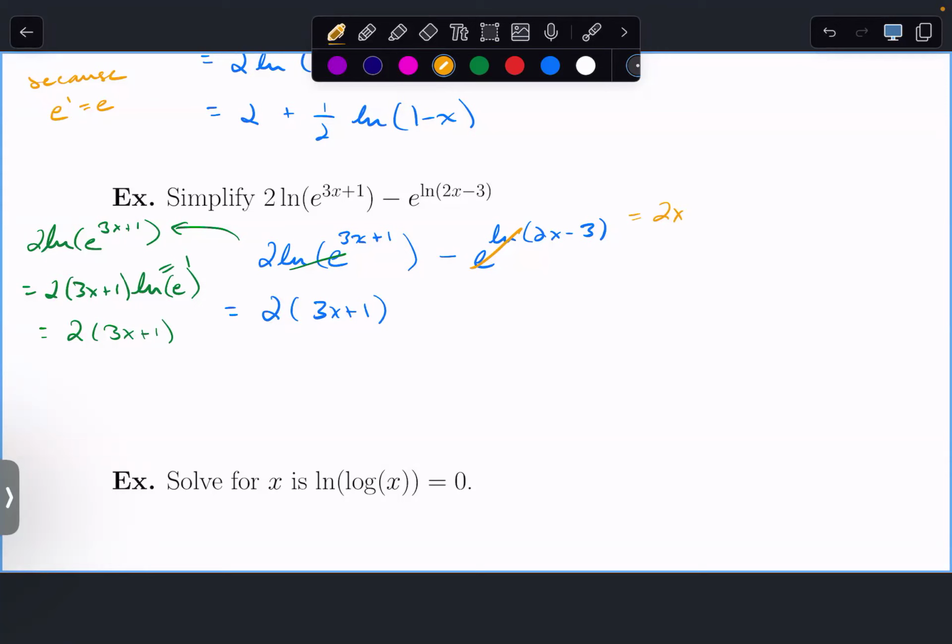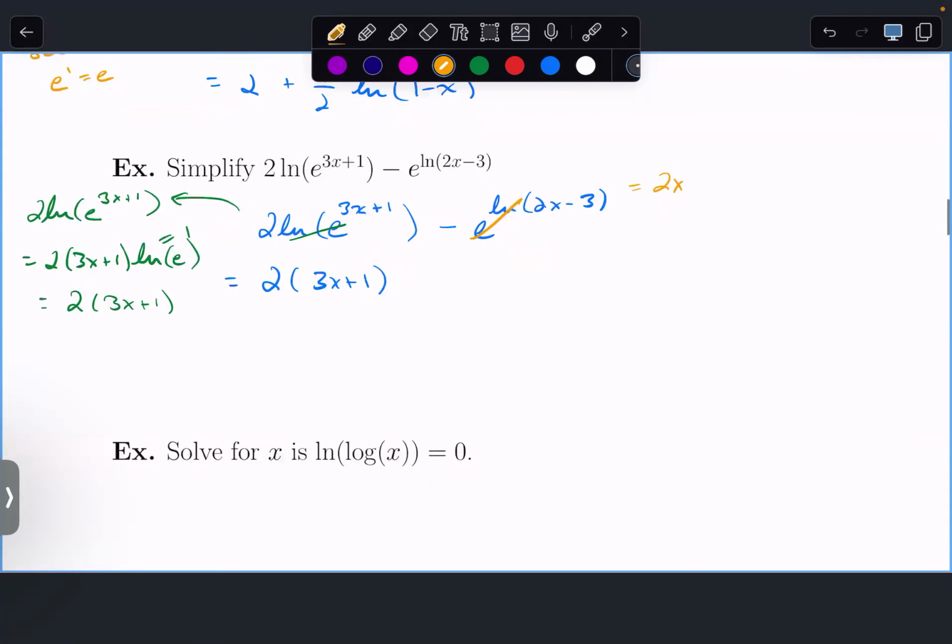Oh, it's because I have multiples together. Equals 2x minus 3, since b to the log base b of x is equal to x is a log law. And it's the last log law on your formula sheet.